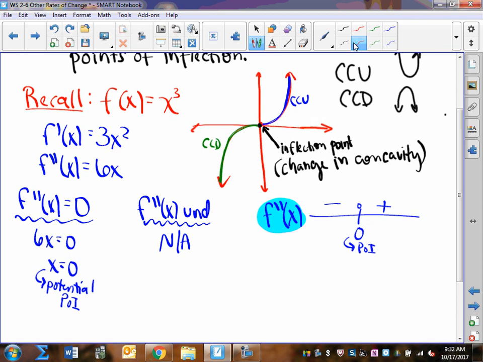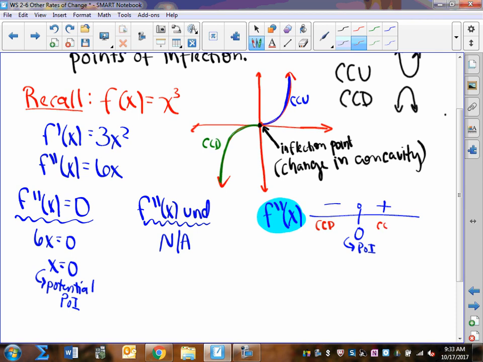All right, now let's take a look at the relationship between our original function and our second derivative. When my second derivative was negative, what was my original function in terms of concavity? Concave down. So my original function was concave down when my second derivative was negative. When my second derivative was positive, what type of concavity did I have?